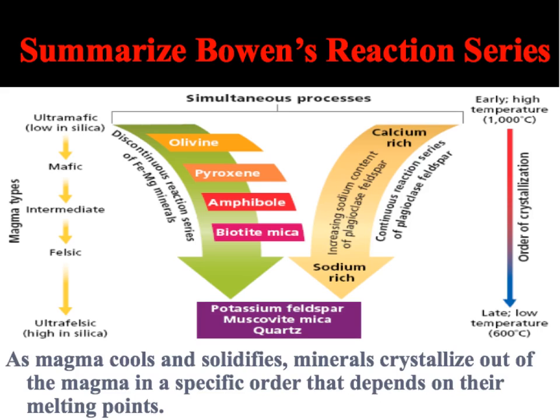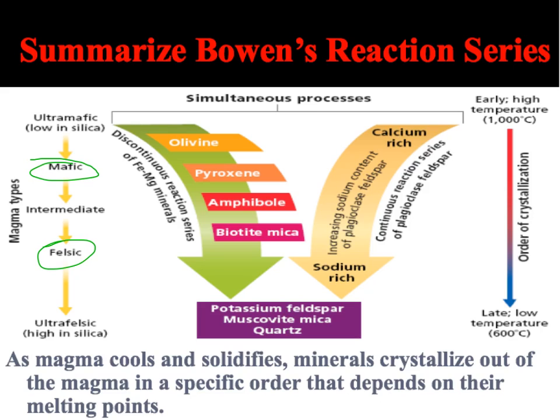So as we have magma, there is, remember, mafic magma, which is low in silica, and felsic magma, that's high in silica. And you can have something in between, or what is known as ultramafic, which is very, very low in silica, and ultrafelsic, which is ridiculously high in silica.